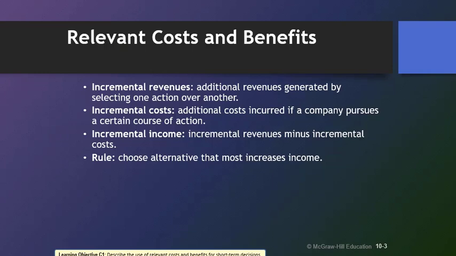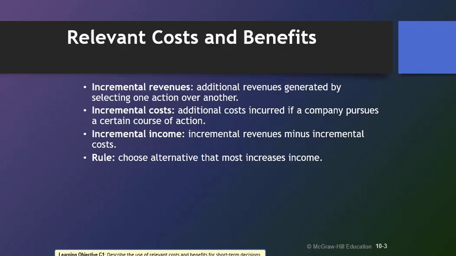We have to be able to distinguish between relevant and irrelevant cost and benefits. So relevant cost and benefits have to be considered when we're making the decision, but irrelevant cost and benefits have to be ignored. In fact, if we try to incorporate those in, sometimes we can reach an incorrect decision.